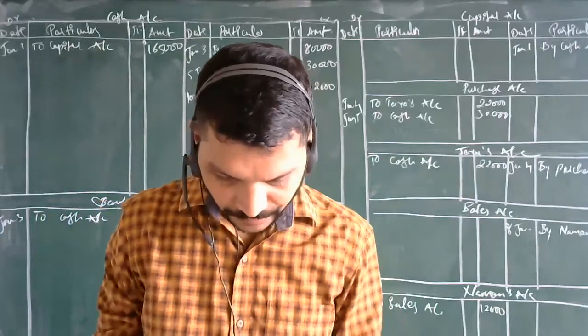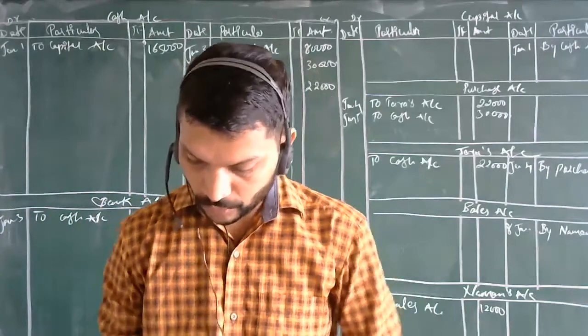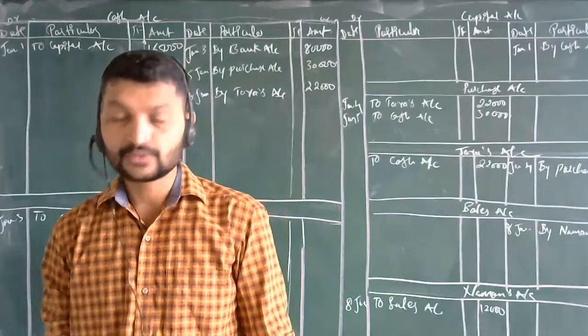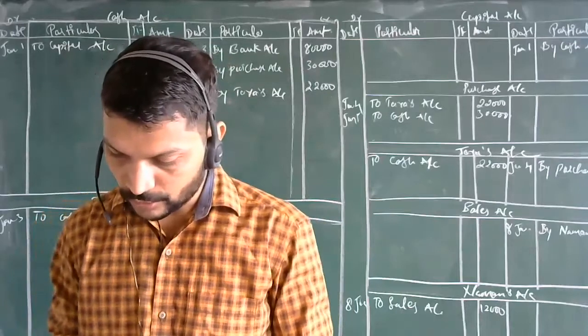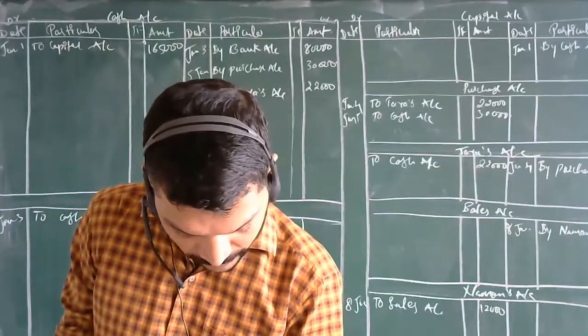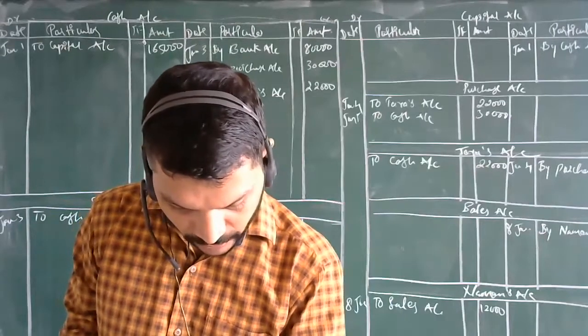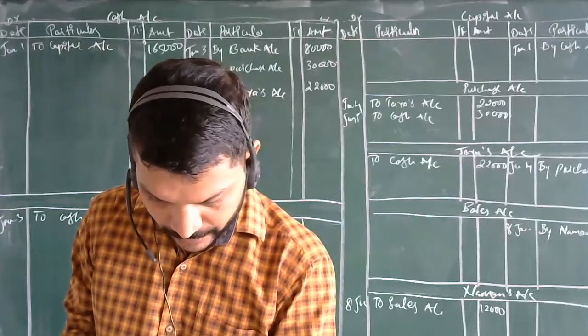Now next, cash received from Naman. Now here we are having two different accounts. How? In Naman's account, you are going to put the entry like this: cash account debtor, discount account debtor. In cash, you are going to have two entries.